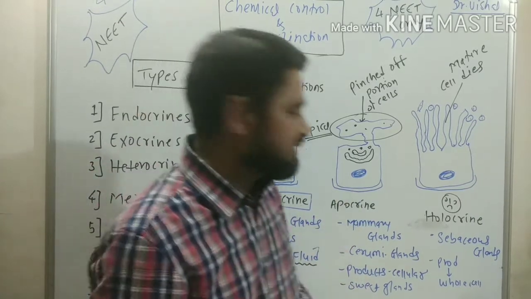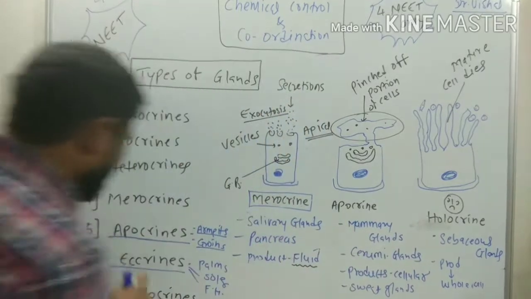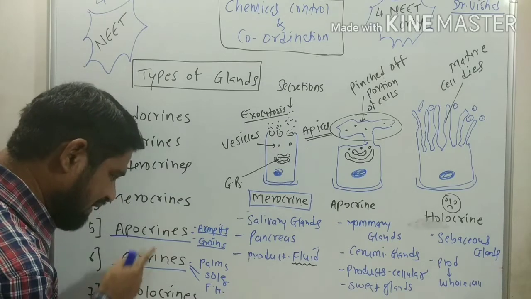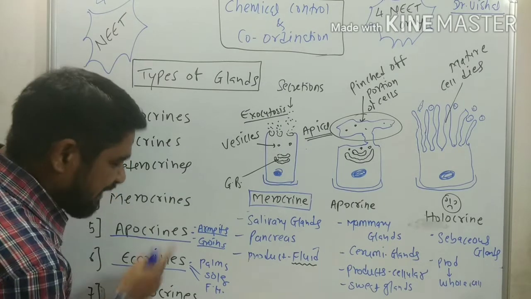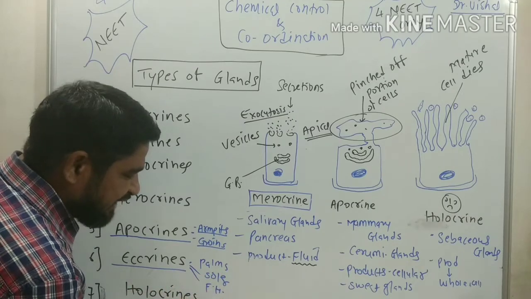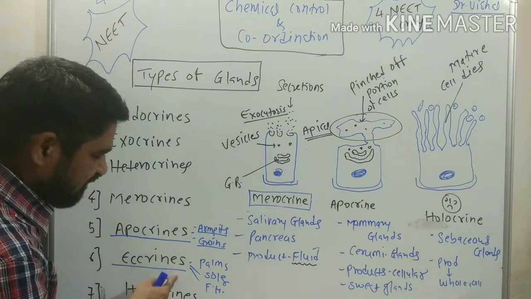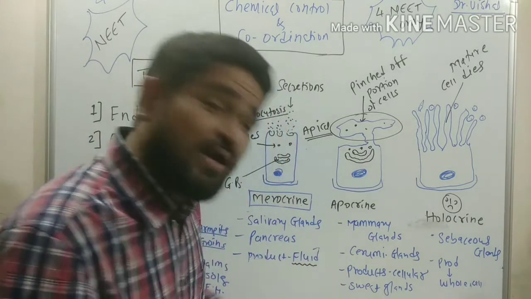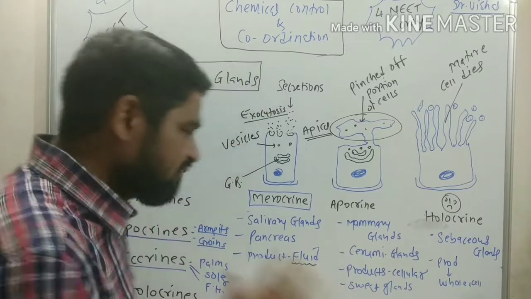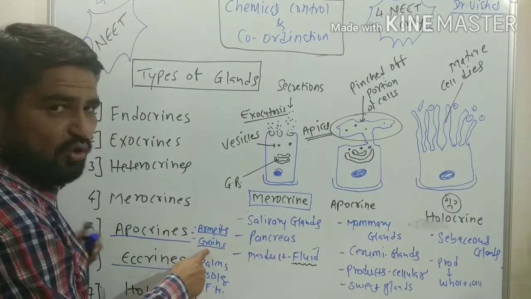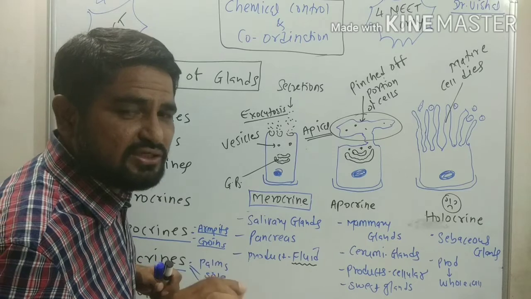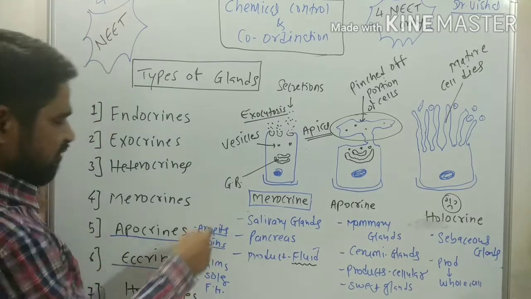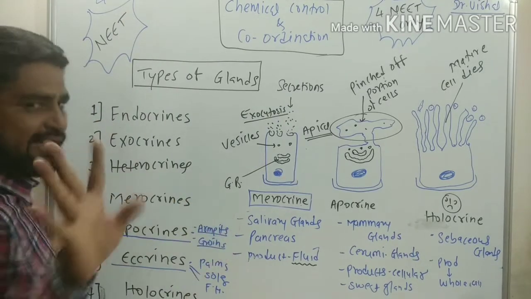Ecrines are also sweat glands, but they are numerous in palms, soles, and the forehead region, and they directly produce their secretion on the surface of the body. But apocrine sweat glands, in areas like armpits and groins, do not produce their secretion on the surface of the body; rather they release it into the hair follicles.